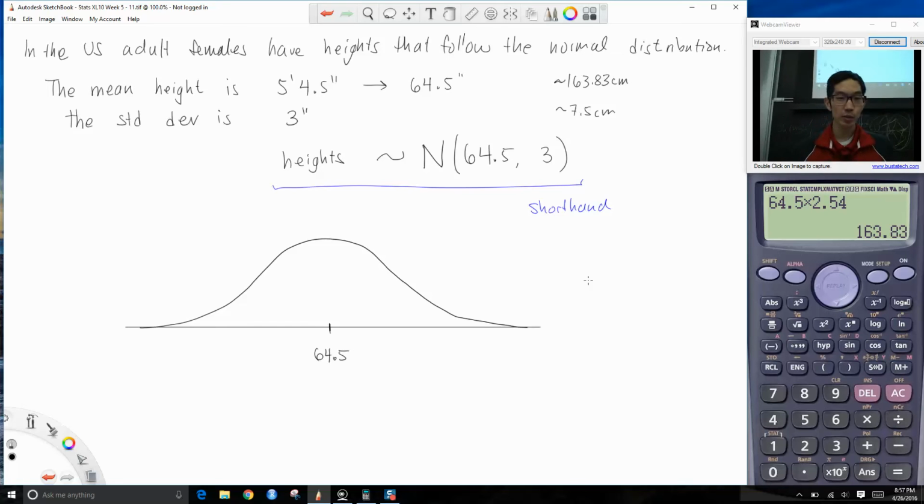And then we can ask a question like, what percentage of women, or what proportion of women have heights shorter than, we'll say, 5'7". Okay, so 5'7" would be 67 inches.